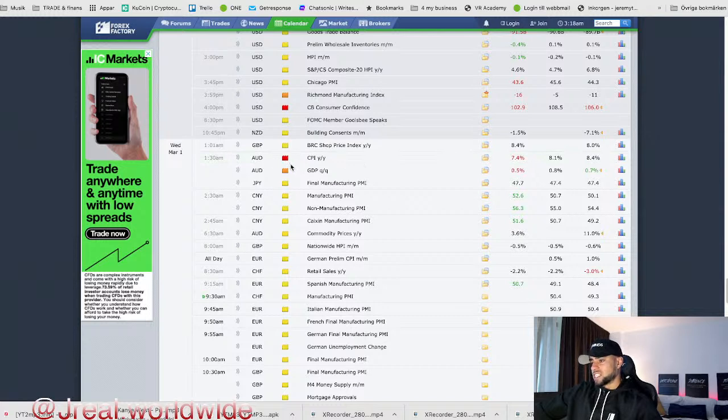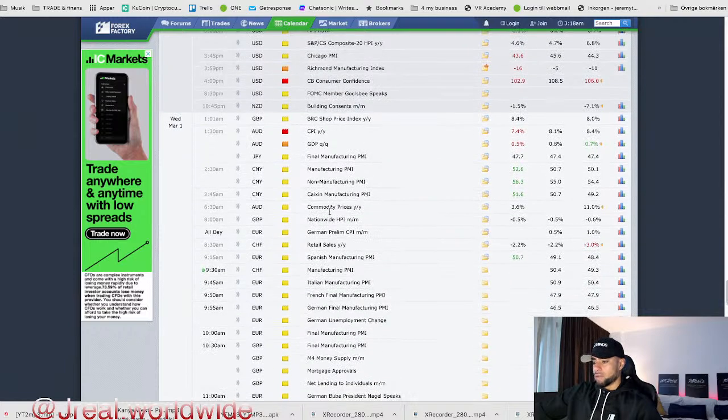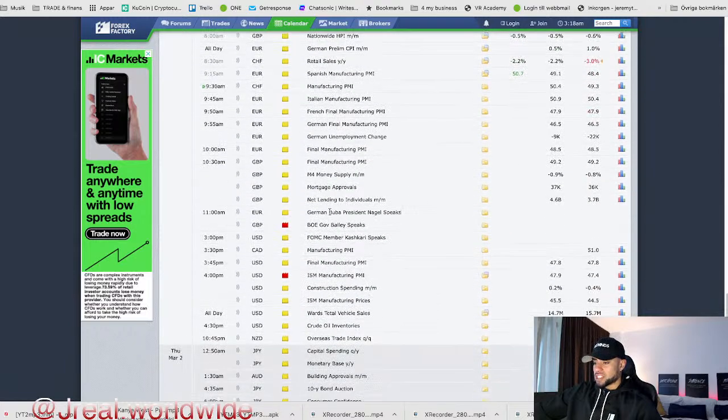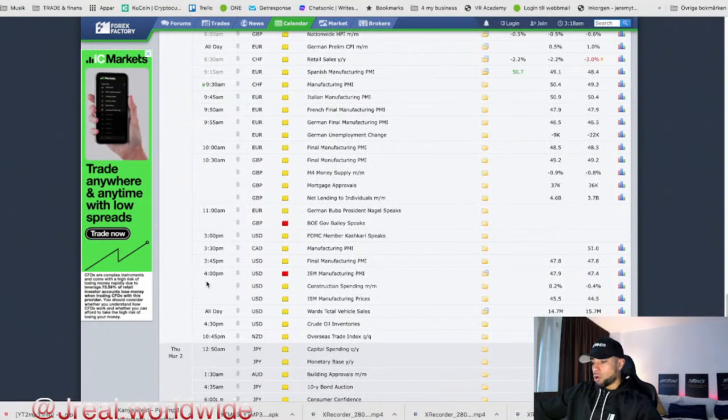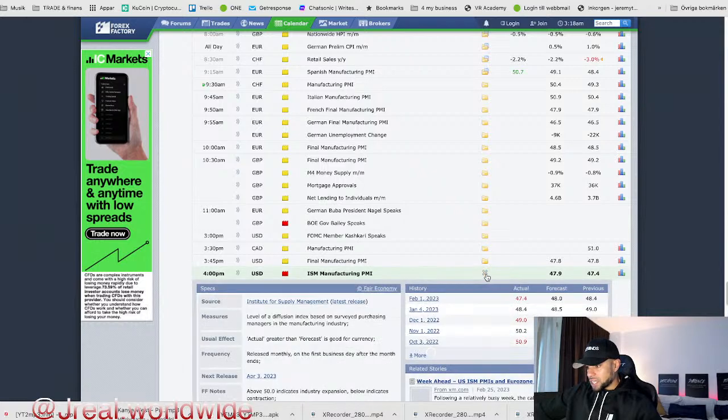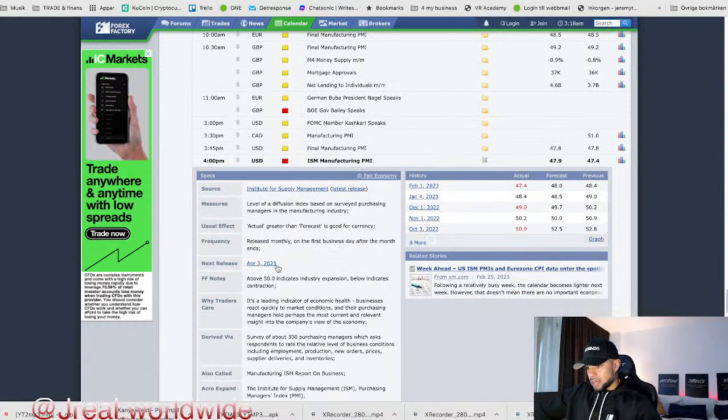We had the CPI reading of the Australian dollar. Very important. Affects the market a lot. At 4 p.m. we have the USD ISM manufacturing. To be honest, I don't even know what that is. Let's check it out. Level of a diffusion index based on surveys of purchasing managers in the manufacturing industry.